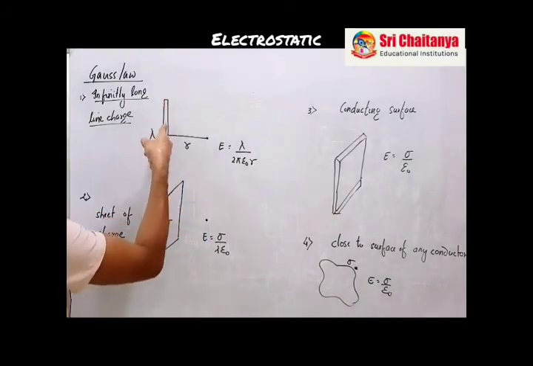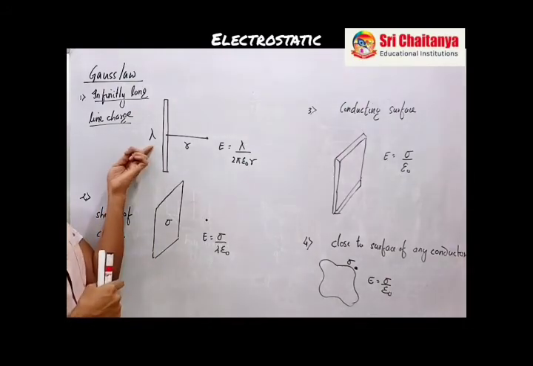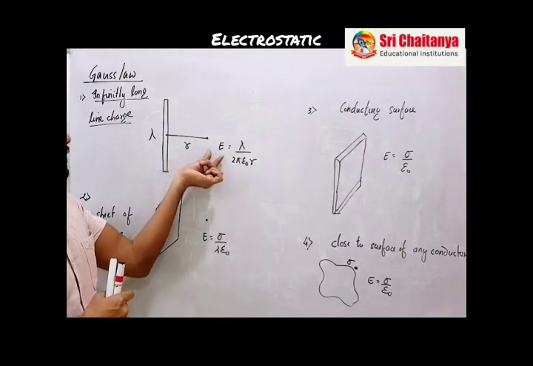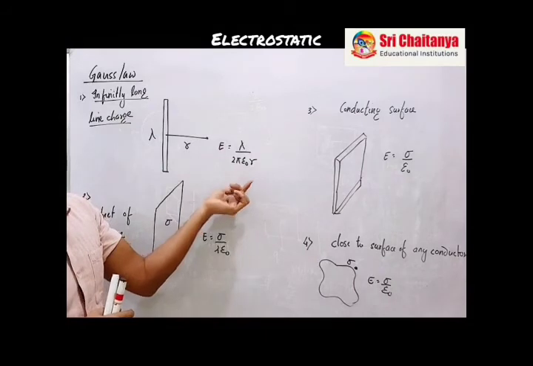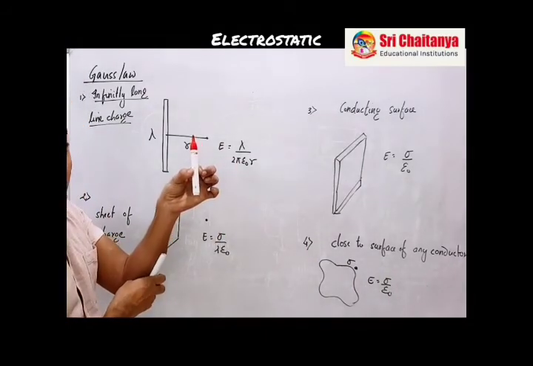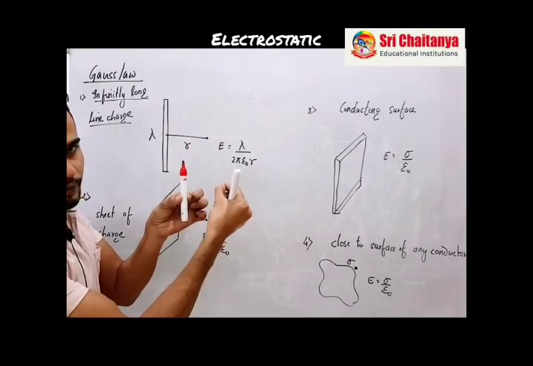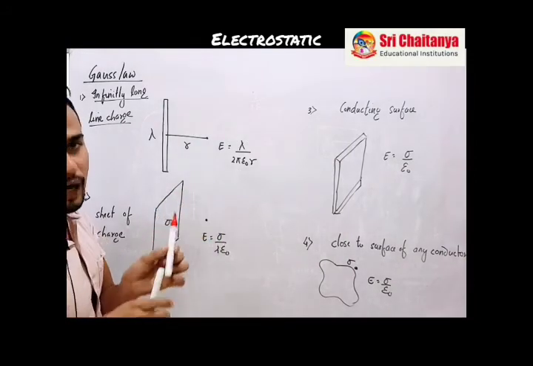If you have an infinitely long line charge of linear charge density lambda, then at a distance r, the value of electric field produced will be lambda upon 2 pi epsilon naught r. For example, if I have an infinitely long line charge, then at any distance r from here, the electric field produced will be lambda upon 2 pi epsilon naught r.